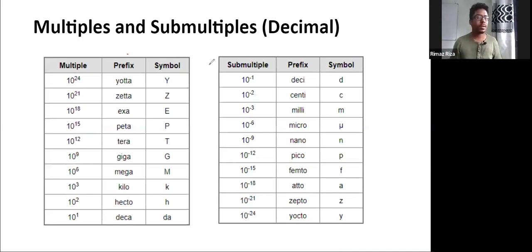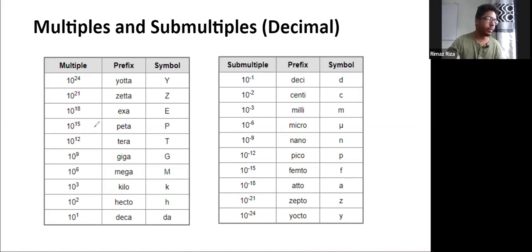I don't remember. So prefix means it comes before the word, no? So here you can see all these come before the unit, therefore we call these prefixes. Now for example, centimeter. Centi is the submultiple and it comes before the unit. So these are called prefixes.